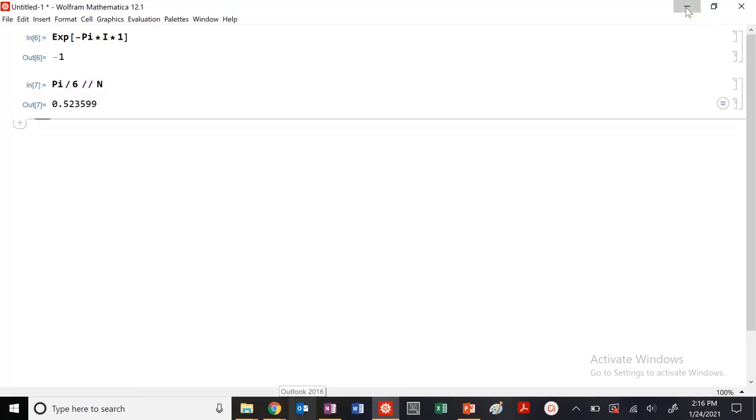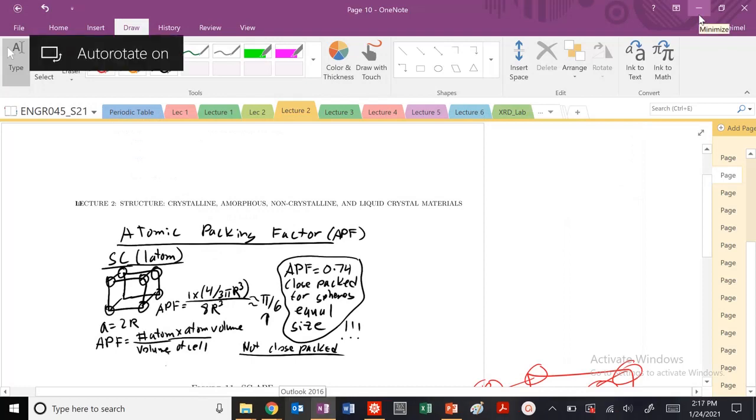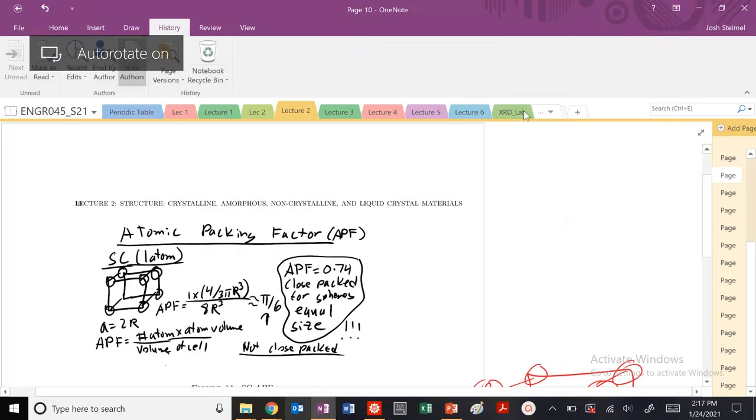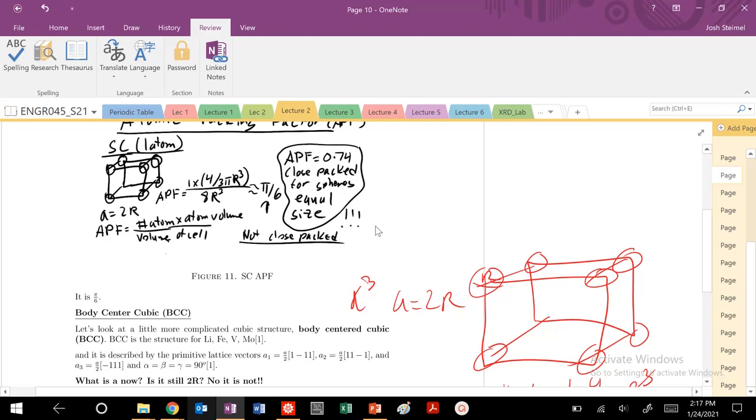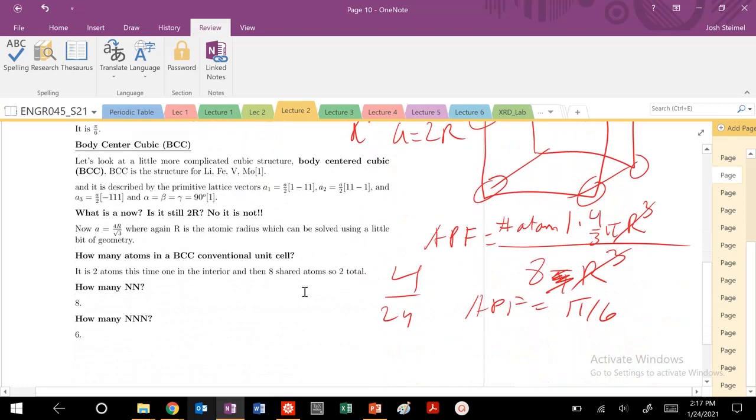It's 0.523. So that is not a close packed structure. Our simple cubic is not close packed, as we can see here. Let's move on to our second structure in the next video, body-centered cubic, and see if that happens to be a close packed structure. I'll see you all then.